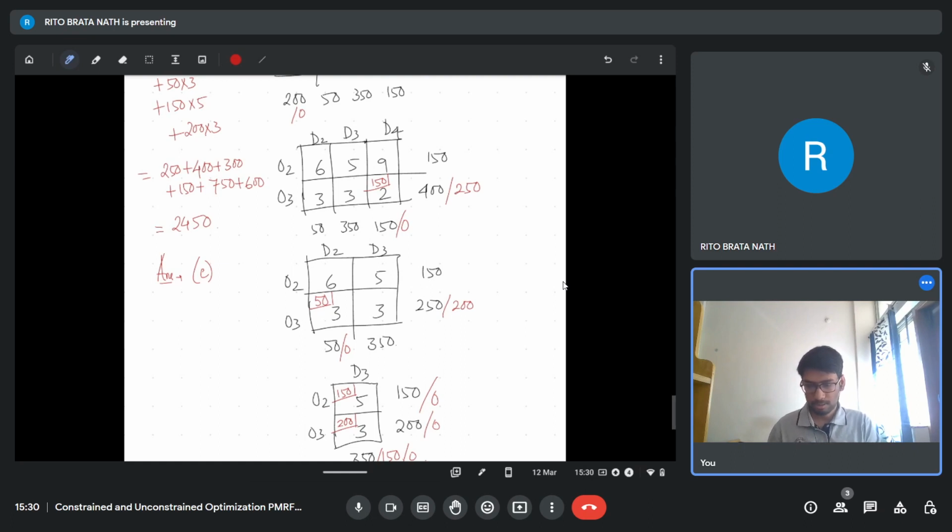Okay. So actually I noticed in this Vogel's approximation method that you can do this tie breaking in multiple ways, and you probably get different solutions in that case. These options are given, but sometimes you may end up with something which is not in the options.